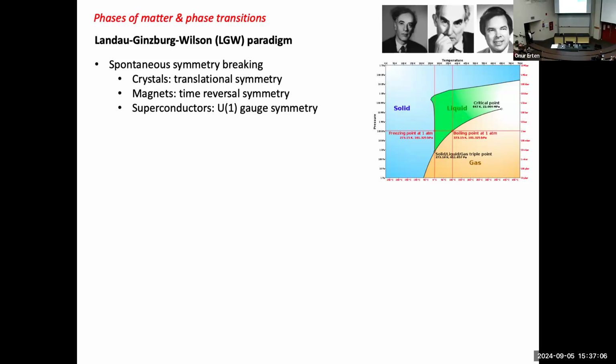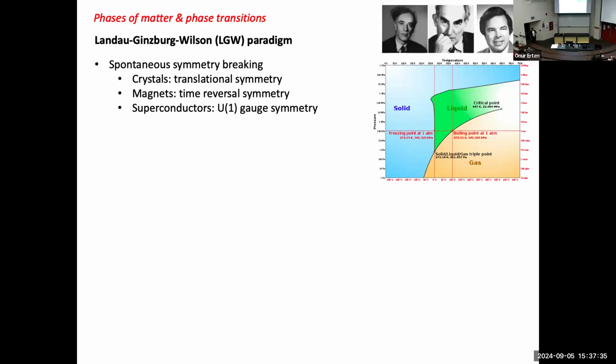So these were pioneered by Landau and Ginzburg. And in crystals, we have translational symmetry breaking, but for different phases of matter, for instance, if you consider magnets, we break time reversal symmetry, at least time reversal symmetry, we may break different symmetries as well in magnets. And in superconductors, something a little fancier, what is called the U(1) gauge symmetry is broken.